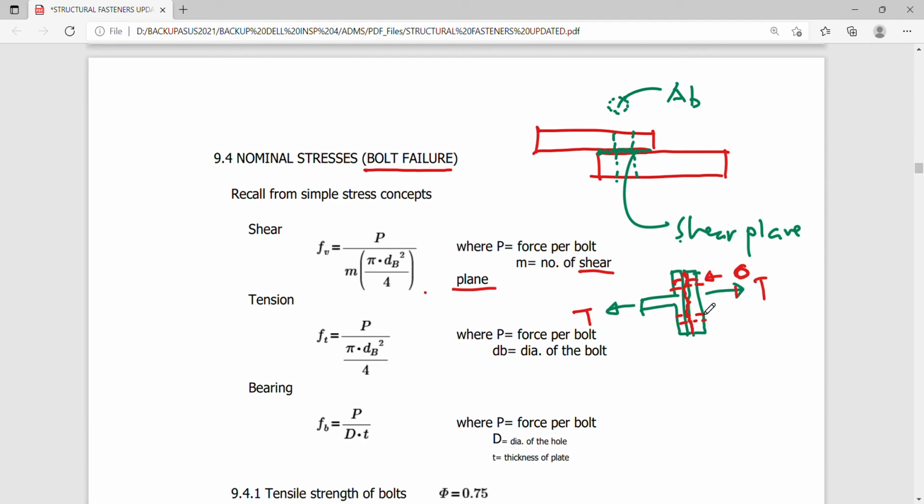So you simply have to divide your P here, which will be equal to T divided by the number of bolts. Okay, it's not the number of shear plane, but rather the number of bolts.